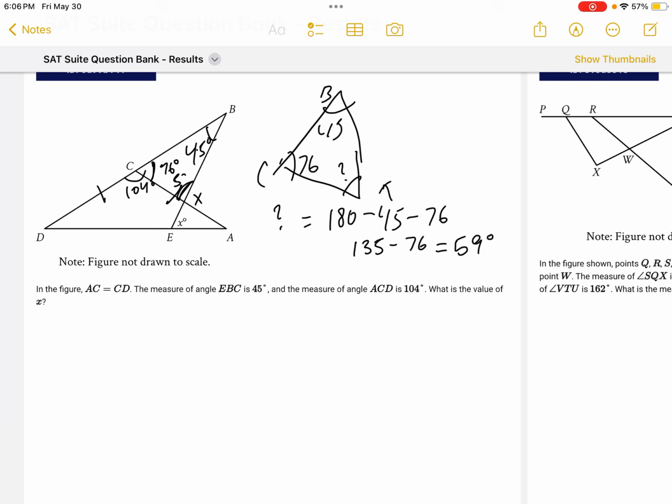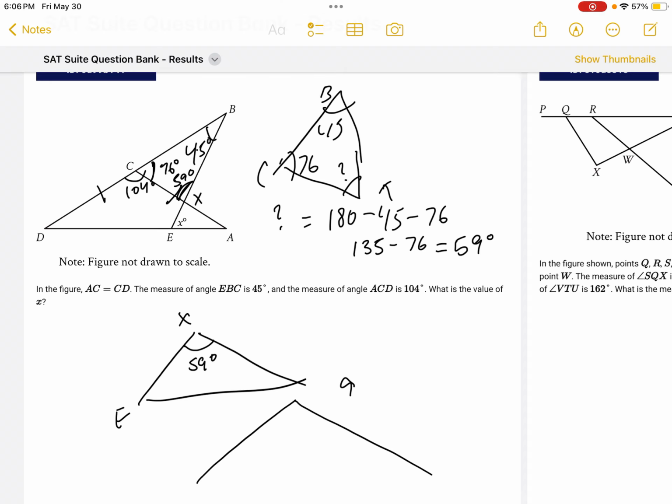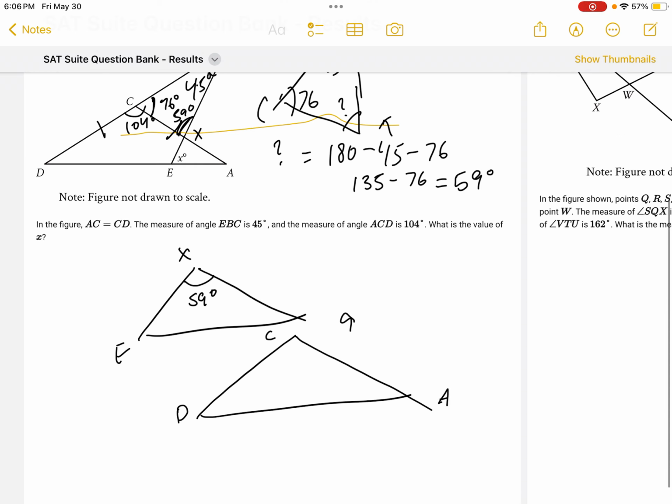Then zooming in on triangle XEA, this angle X right here is just 59 degrees by the vertical angles theorem. And if you look at triangle CDA, we know this angle is 104.